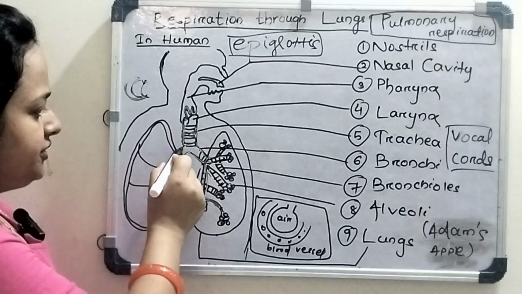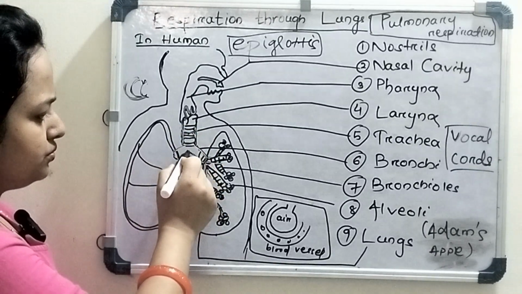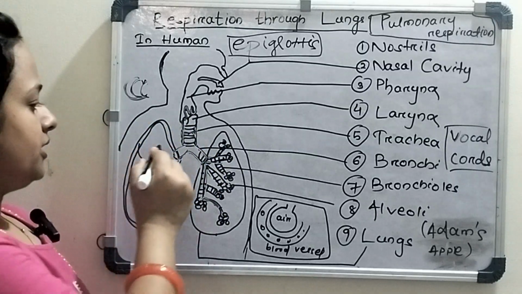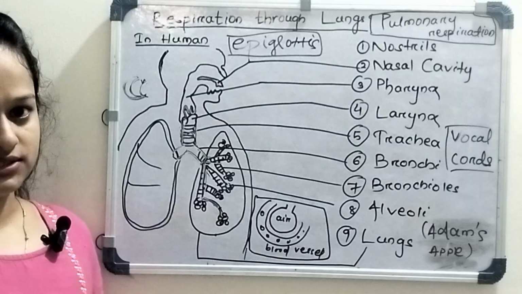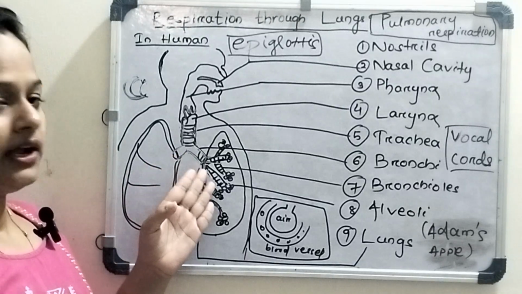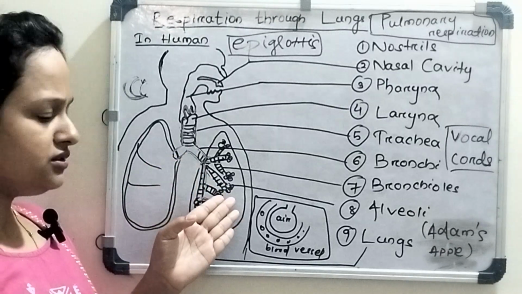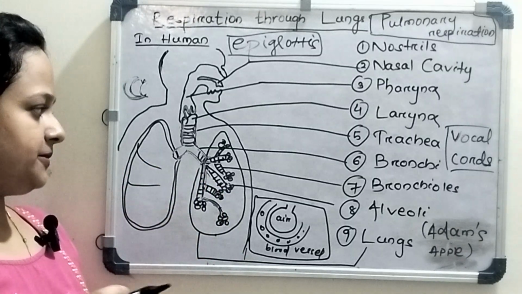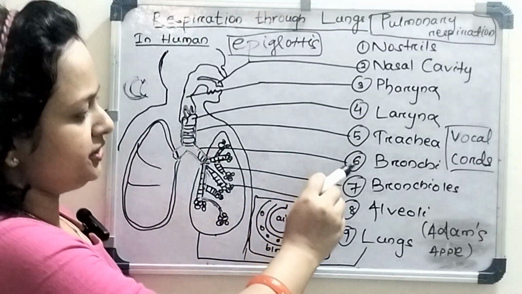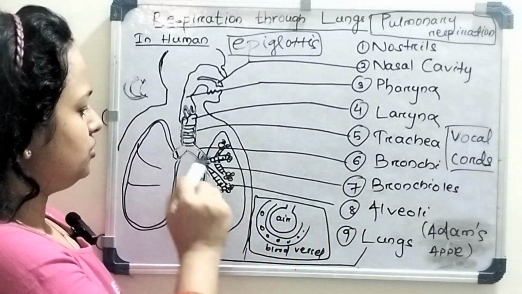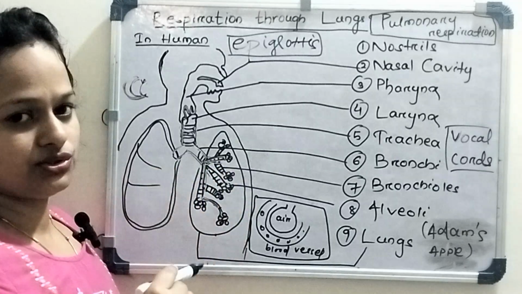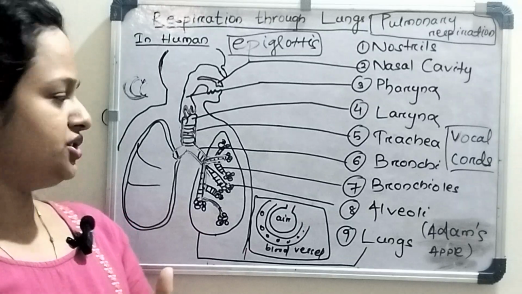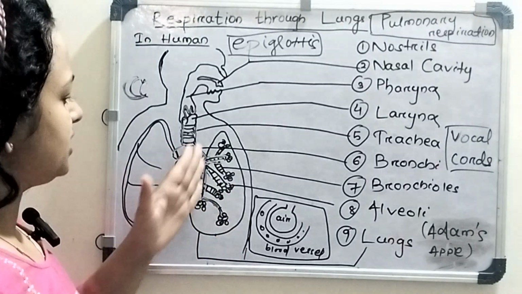After entering the trachea, the air goes to the next part, that is the bronchi. The trachea divides into two bronchi, left and right, and the singular is known as bronchus. Each bronchus enters the left lung and the right lung. After entering the bronchi, the air goes to the bronchioles, which are the branches of the bronchi. The bronchi enter the lungs and divide into branches known as bronchioles.